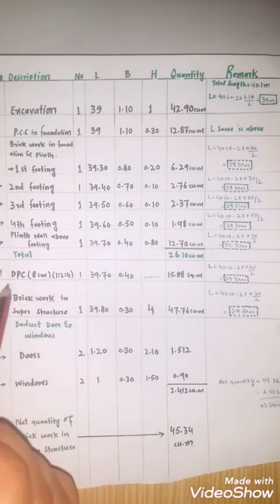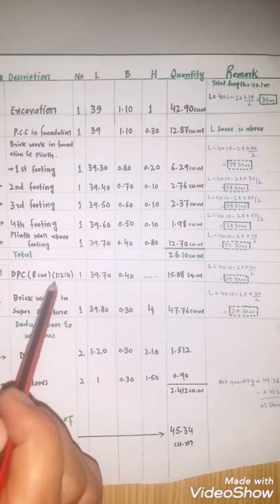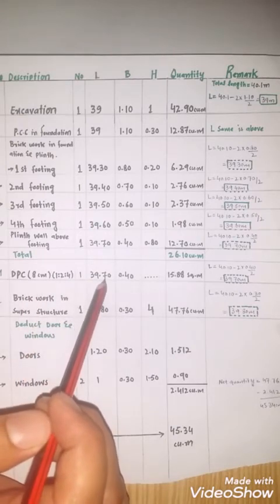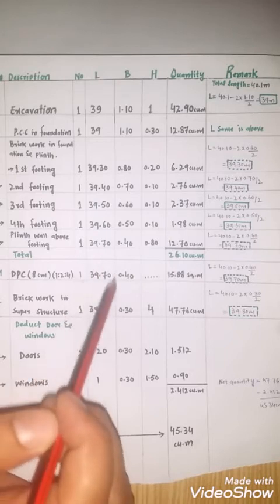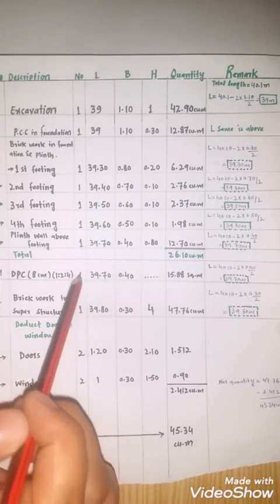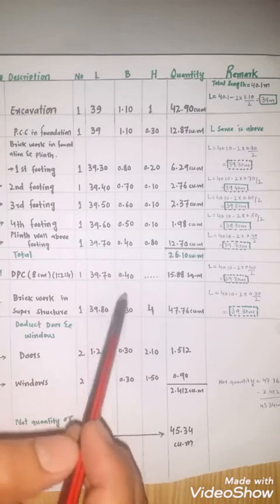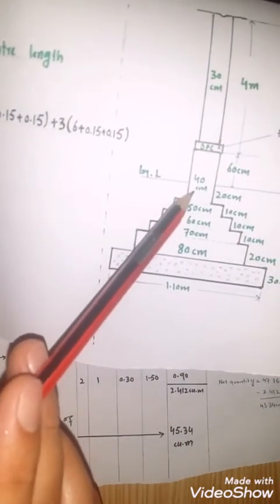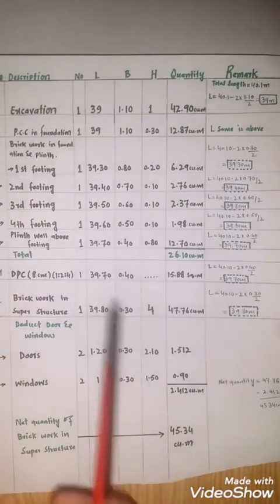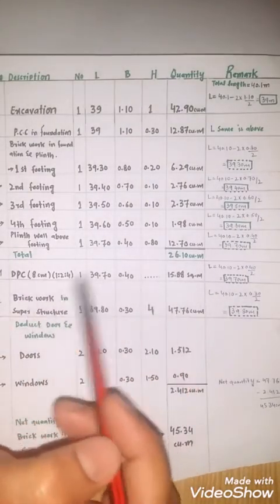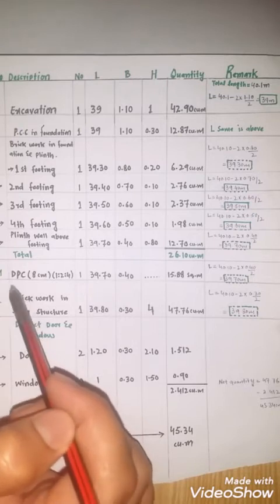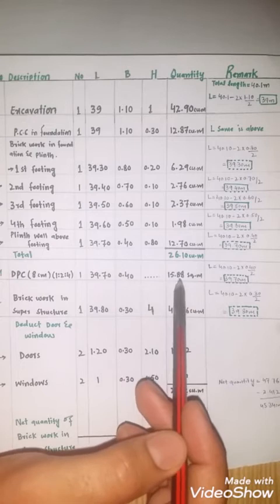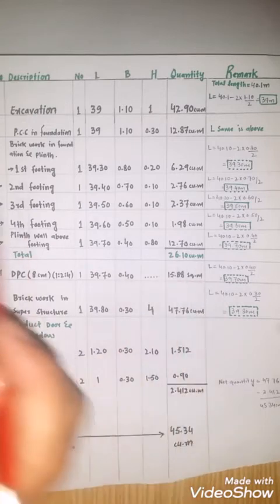Now find DPC. The thickness is 8 centimeter and ratio is 1:4. The length is 39.70. This is length of DPC without T junction. The breadth is equal to 0.40 meter or 40 centimeter. The quantity of DPC is equal to 15.88 square meter.